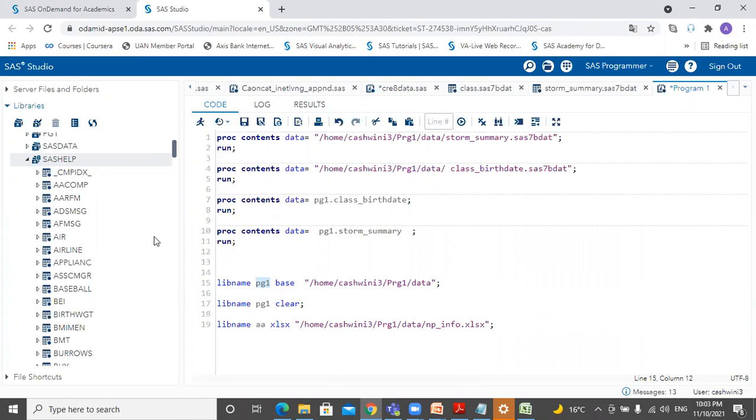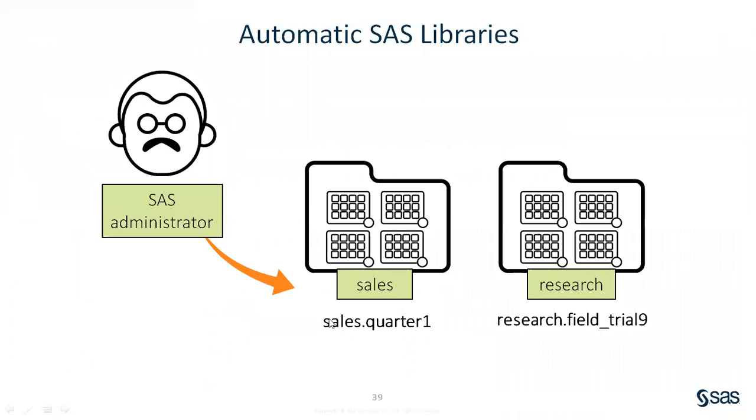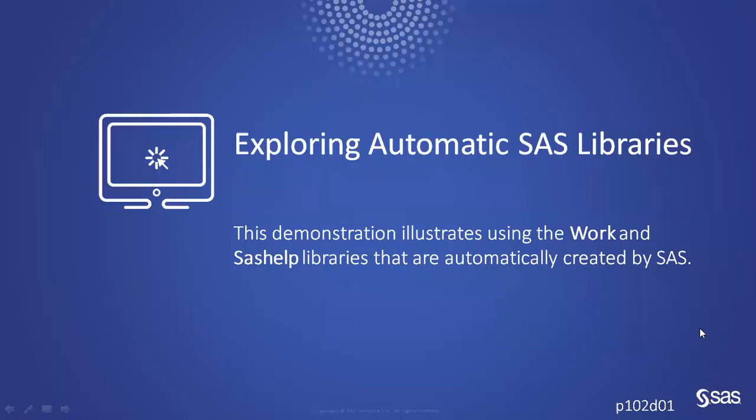Apart from the SAS help permanent library, we are also creating our own user defined permanent library called PG1. If you want to create your own libraries, you can always provide a libname statement and give a library reference name to refer to your libraries. And that's it. Here we have a demonstration which illustrates using the work and SAS help libraries that are automatically created by SAS.